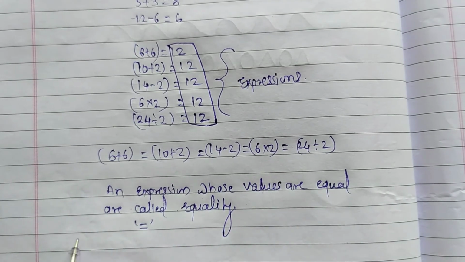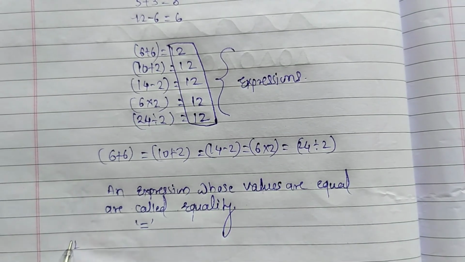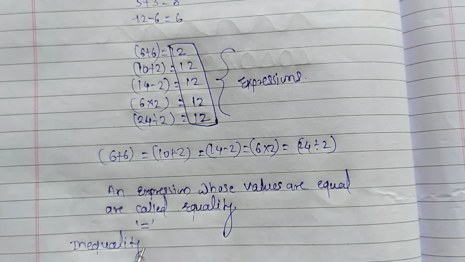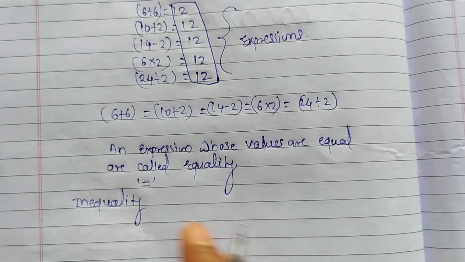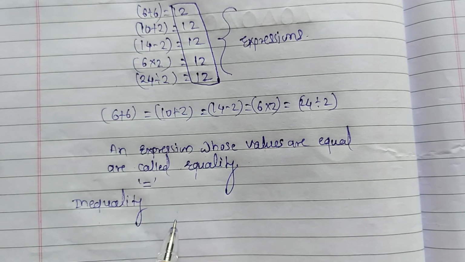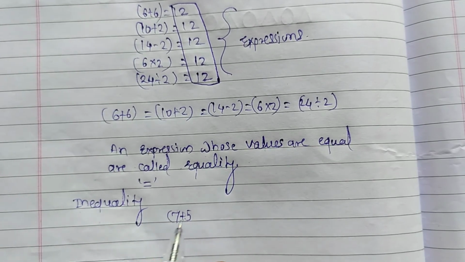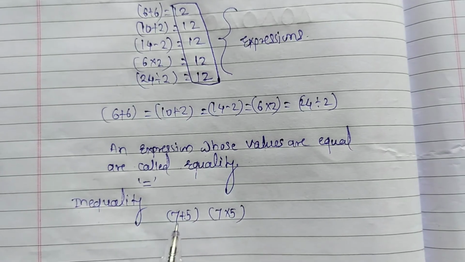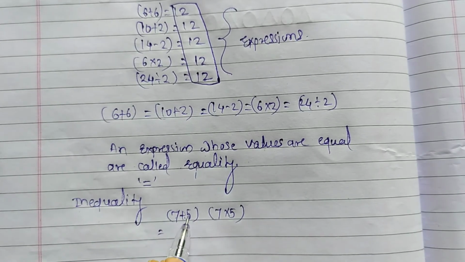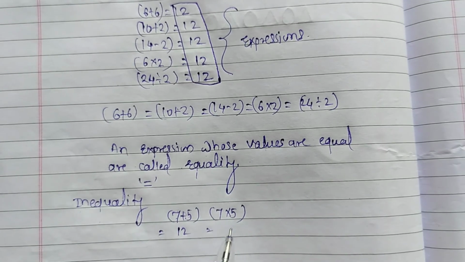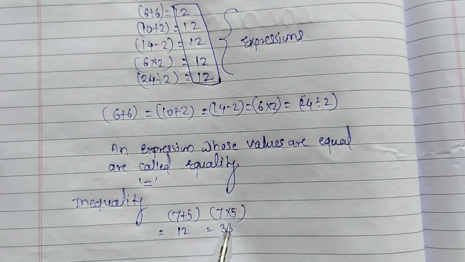Now let's learn about inequality. Inequality is totally opposite of equality. Look at the values like 7 plus 5 and 7 multiplied by 5. Here we get different values: 7 plus 5 is equal to 12 and 7 multiplied by 5 is equal to 35.